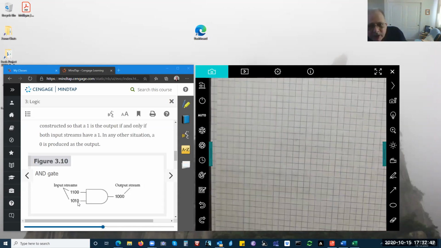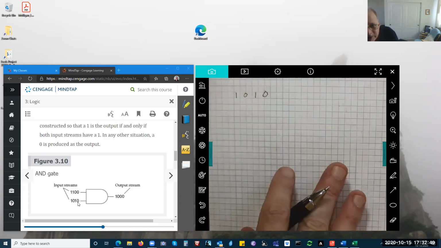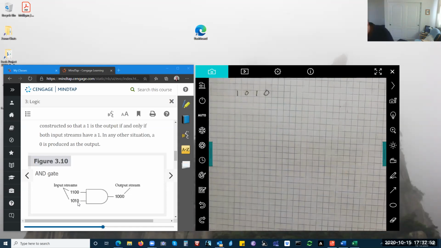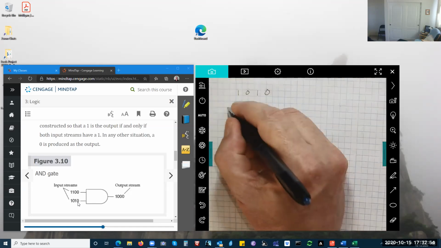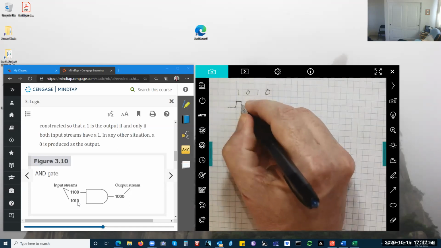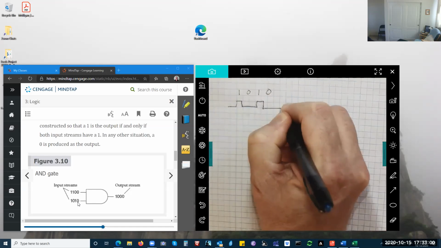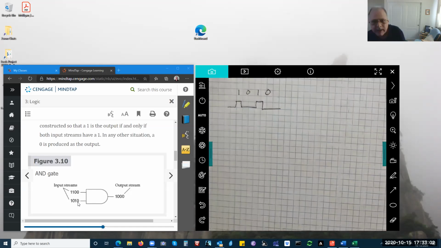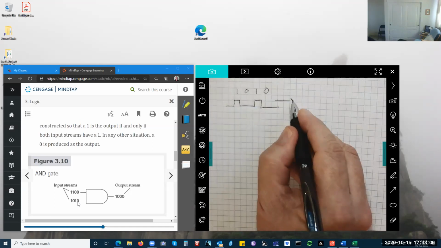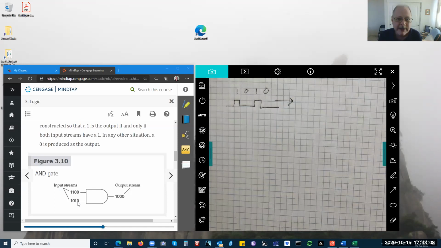Like that, 1010. It's this pulse, or these pulses on a wire.